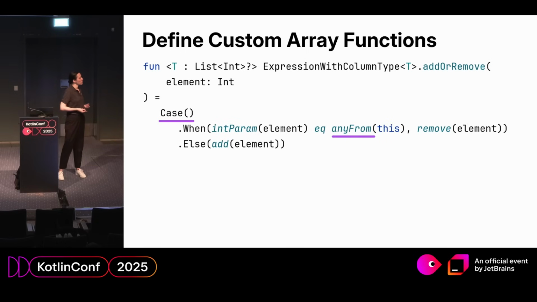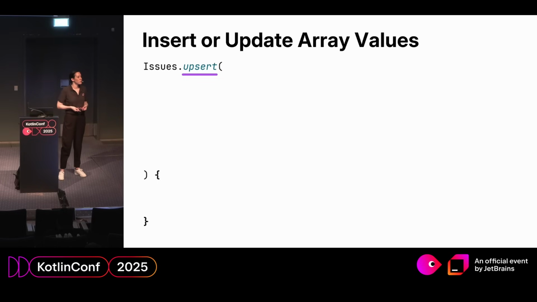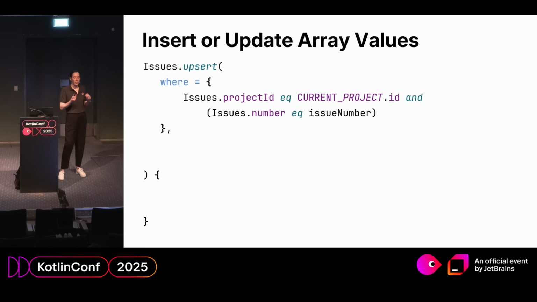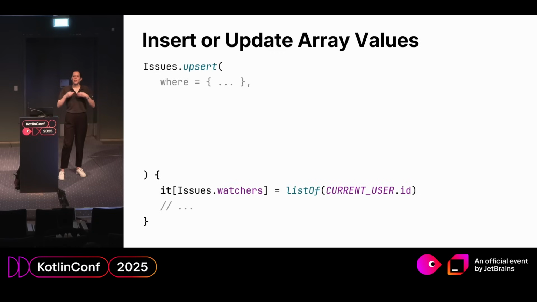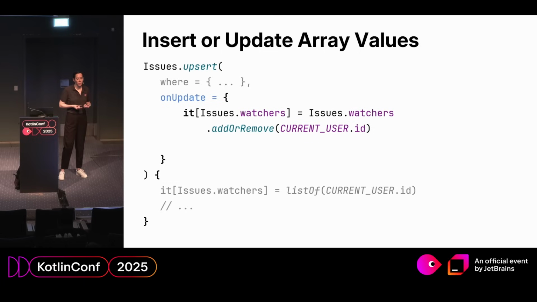And then what we would like to do is we would like our issue to be updated, but if the issue did not already exist, we want it to be inserted, and it is now possible to do upserts with Exposed. So we can call upsert on our table, we can provide a where clause to make sure our issue keys match, we provide a standard insert statement, which is setting values to our columns in the insert statement block.